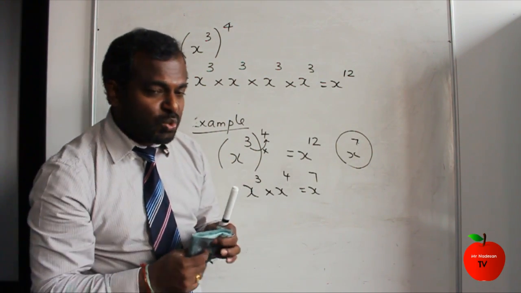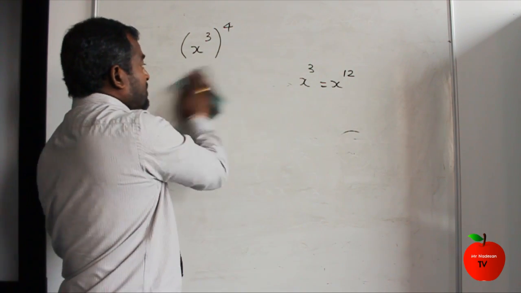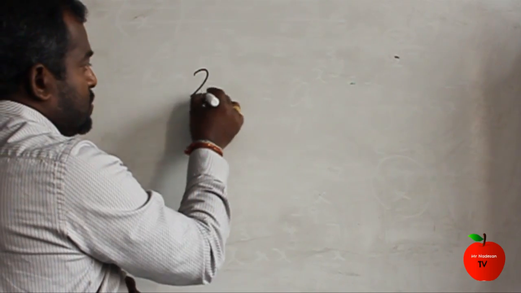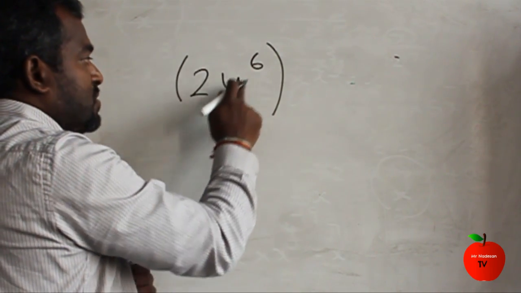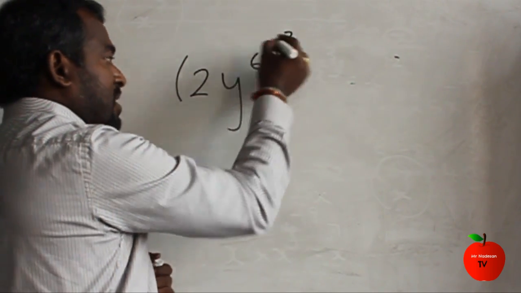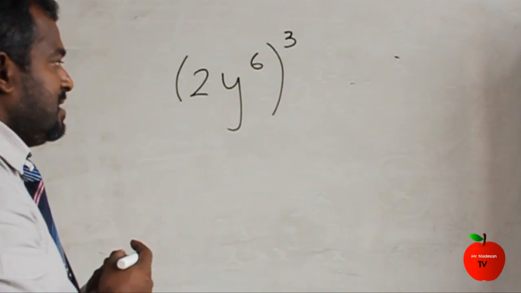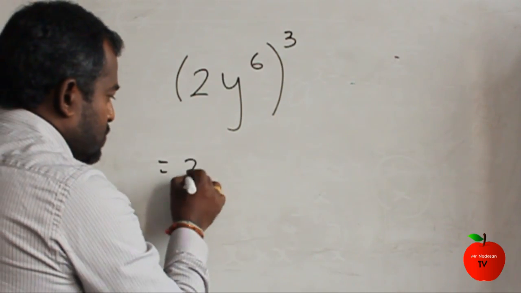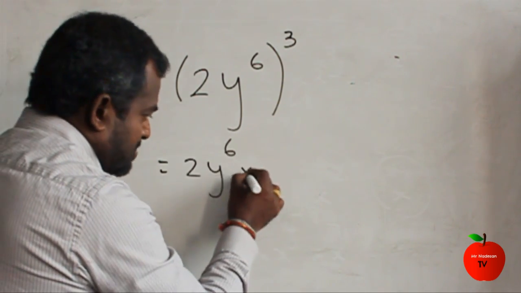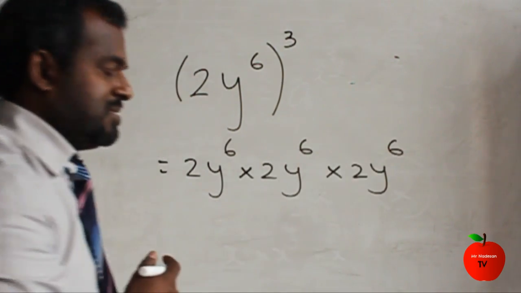Now we are moving on to the next question. The next question is about numbers with letters. Let's say 2y to the power 6, to the power 3. So how can we do that? You can do two methods. Let's say, what's the meaning of this? That means 2y to the power 6 times 2y to the power 6 times 2y to the power 6.